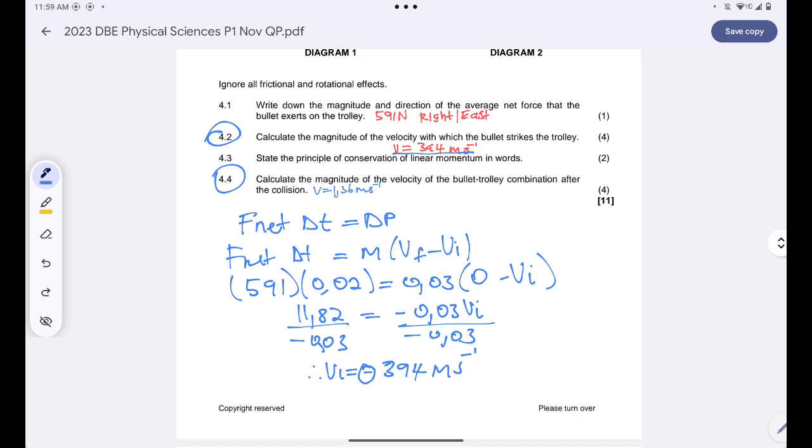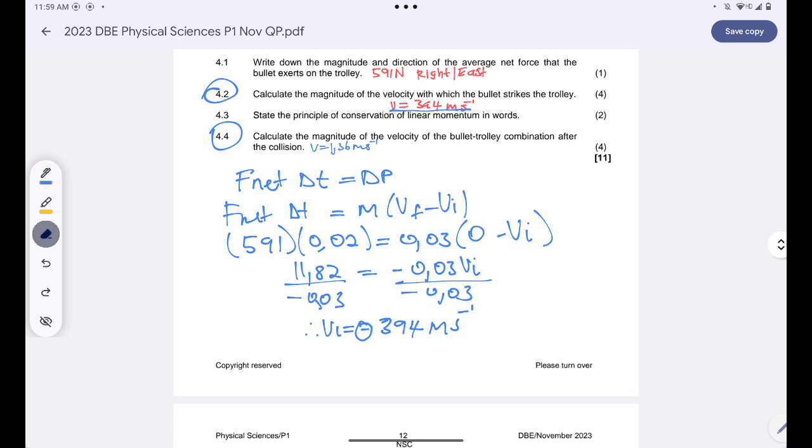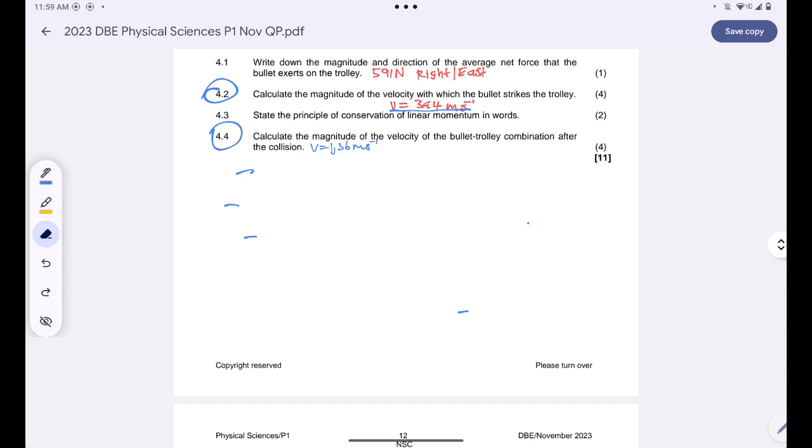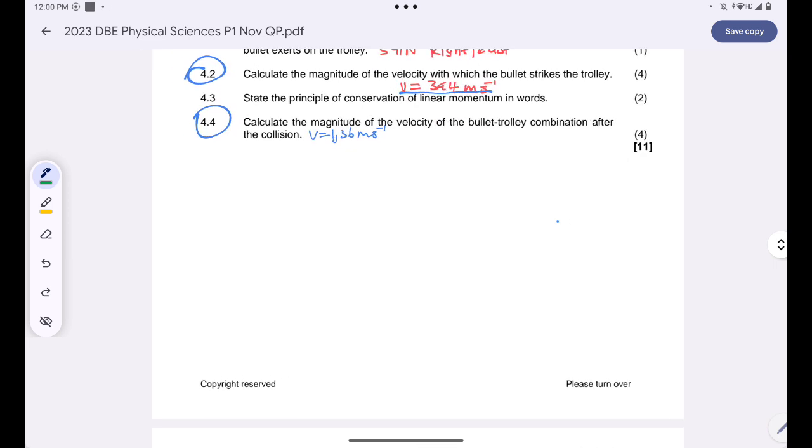And then 4.4, for 4.4, remember that, guys, we're told that we must ignore effects of friction and rotational forces, right? So in this case, we have a closed system because we don't have non-conservative forces.